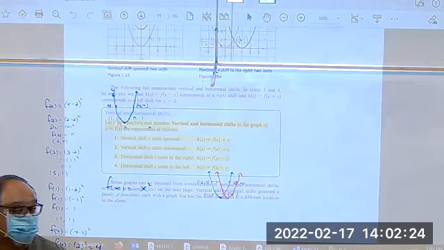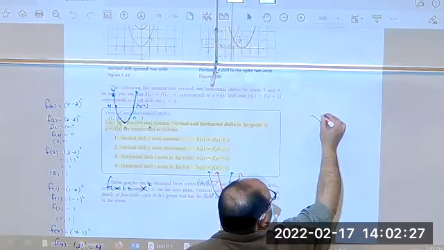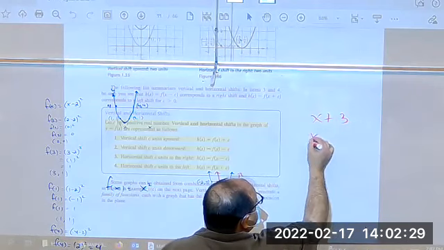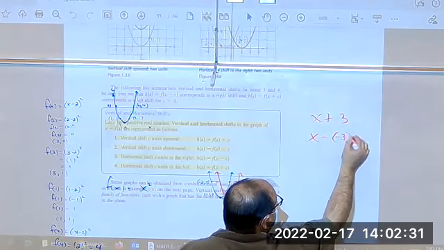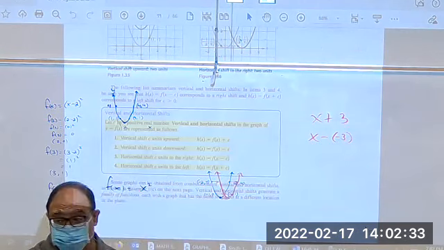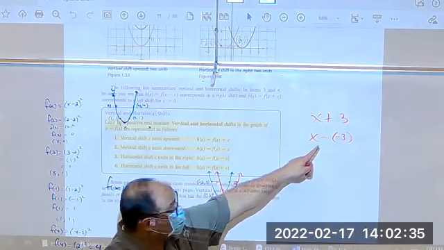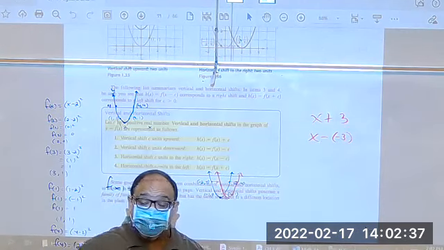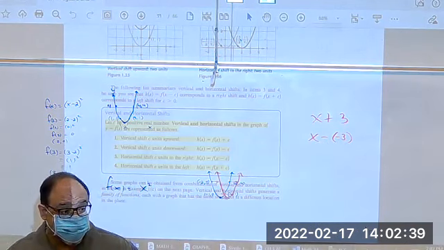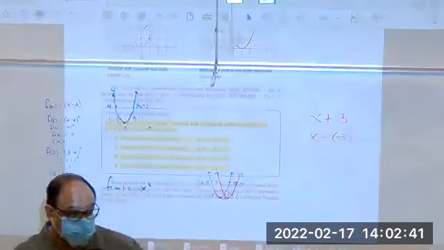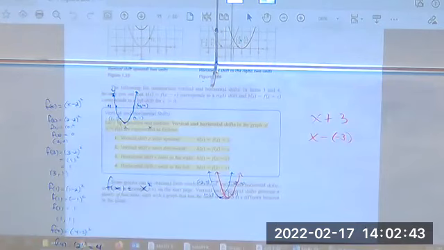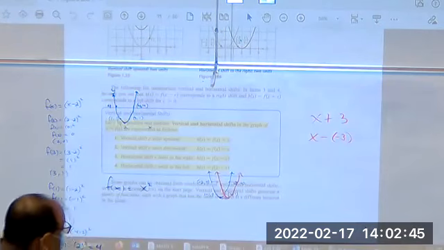Because the only way to get plus 3 is because it's x minus a negative 3. That's how you get a plus 3. The negative is built in. So you're going to do the opposite sign of the direction you see. Or you're going to do the opposite direction of the sign you see.